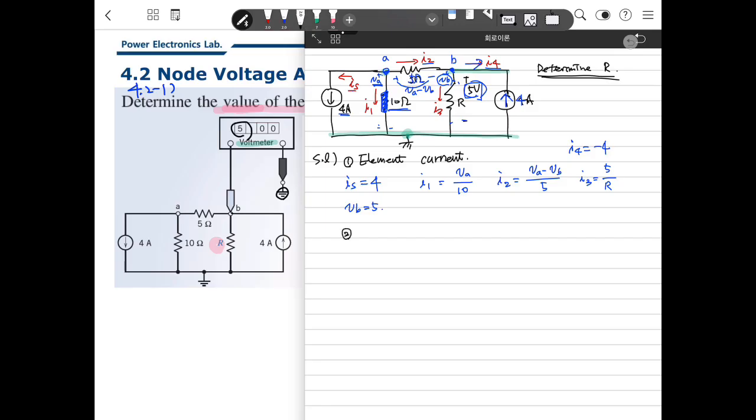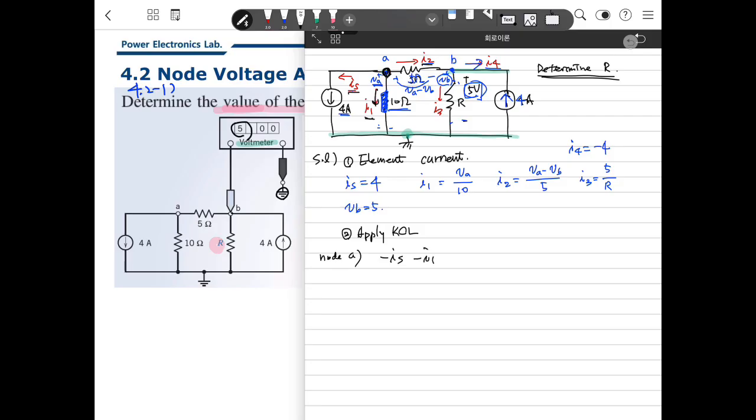Then the next step is to apply KCL. First node A. With KCL, the current going to the node should be 0. We decide current going to the node is positive. IS is going out of A, so minus IS. And I1 is going out from A, so minus I1.